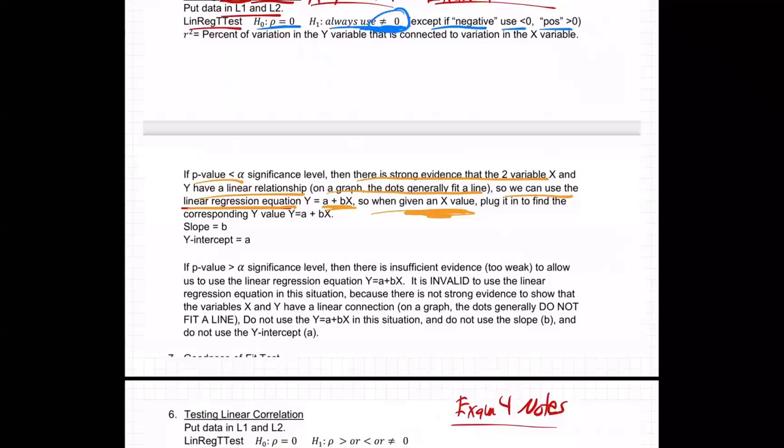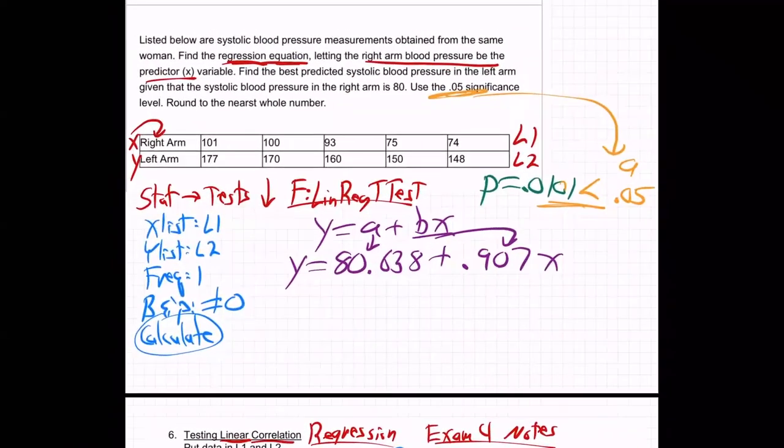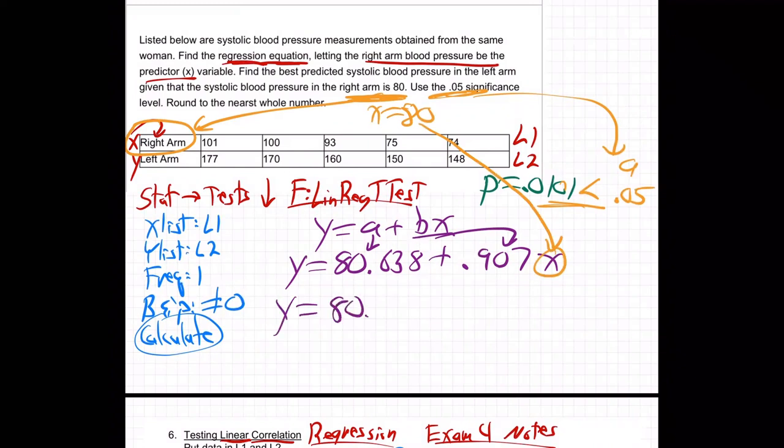So when given an x value, plug it in to find the y value. Oh, so we can use this. Did they give us this? Yeah, right here: right arm 80. X is right arm. Right arm 80. That's saying X is 80. Plug it in right here. You see, Y is 80.638 plus 0.907 times 80.